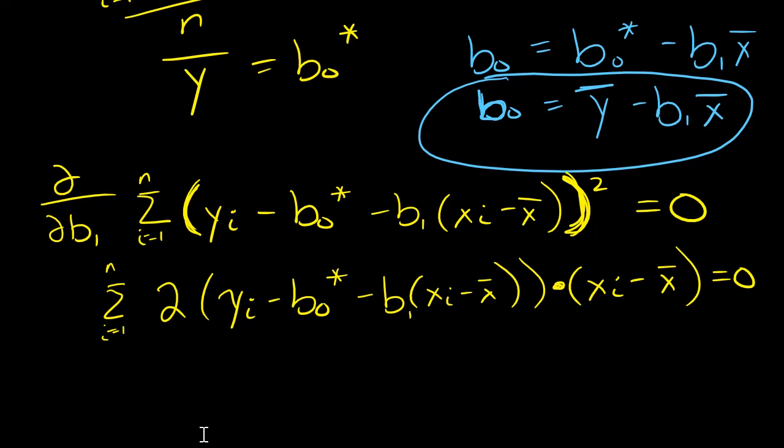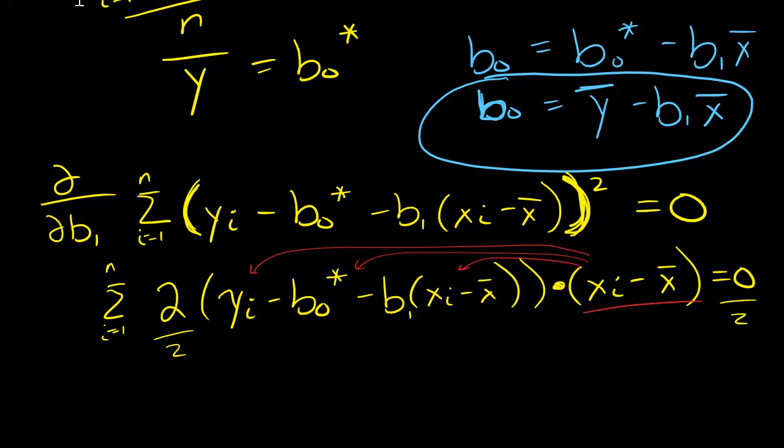Now let's go ahead and solve this. The first thing I want to do is distribute this piece in. I can also divide both sides by 2 and get rid of that 2 out front.